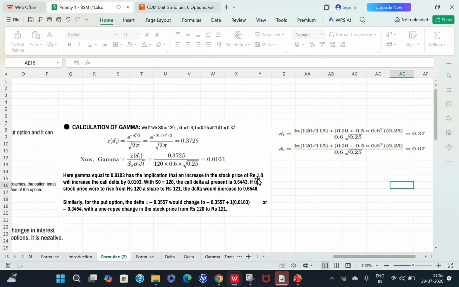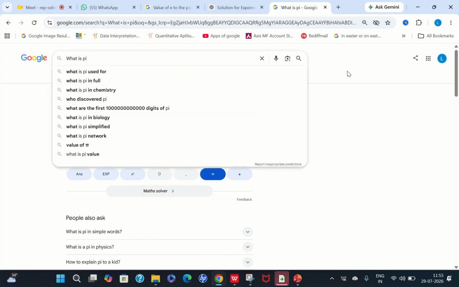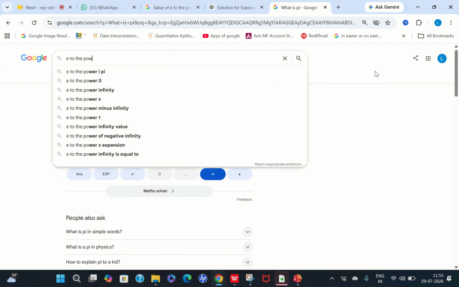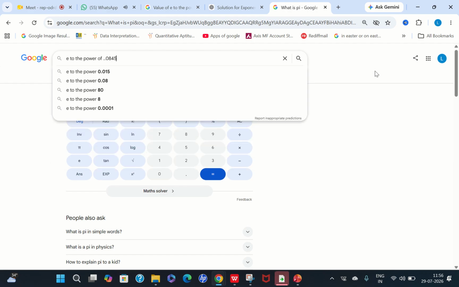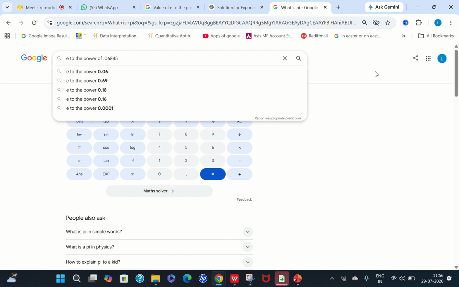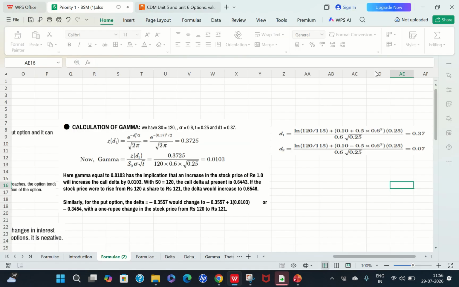So 0.68486845. So e to the power of minus 0.06845. So we are getting a value of 1.07.